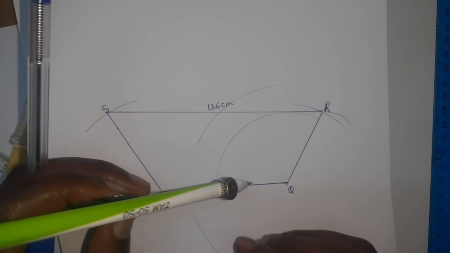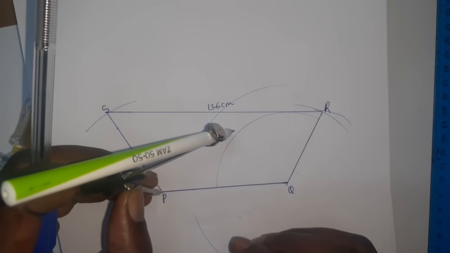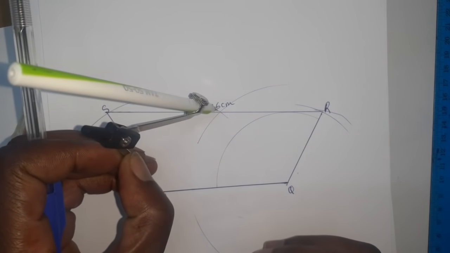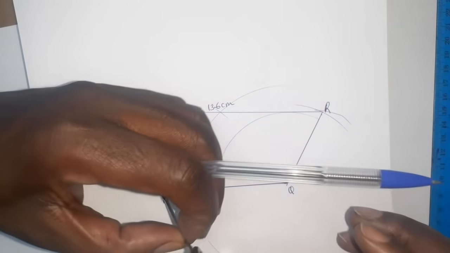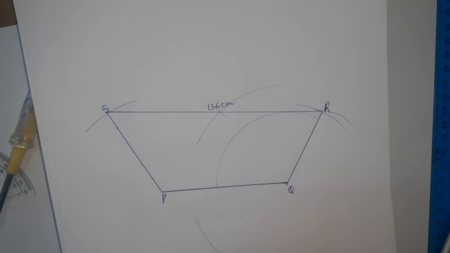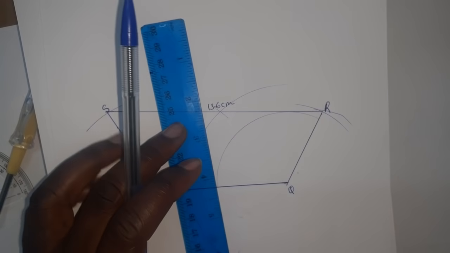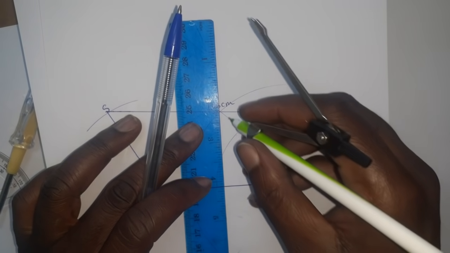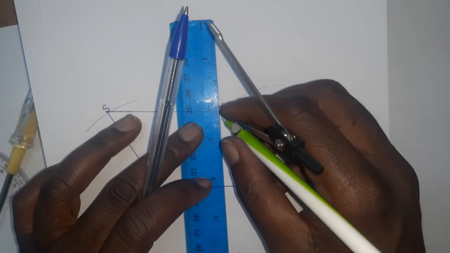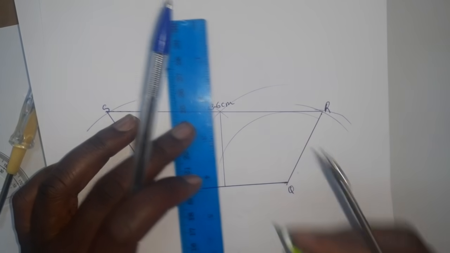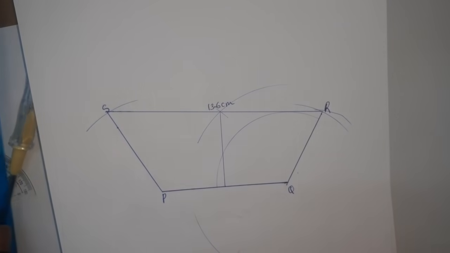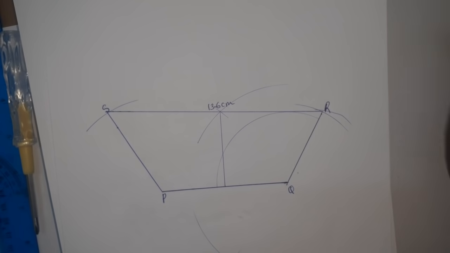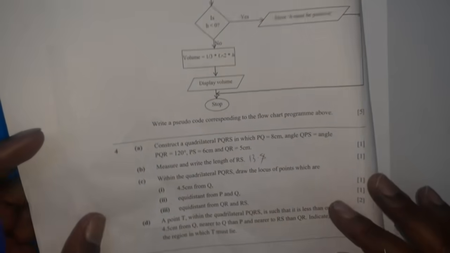Come here, draw an arc here and another arc here. Then we join these two. I think we should just go up to this point.